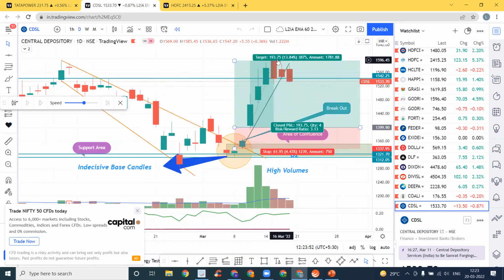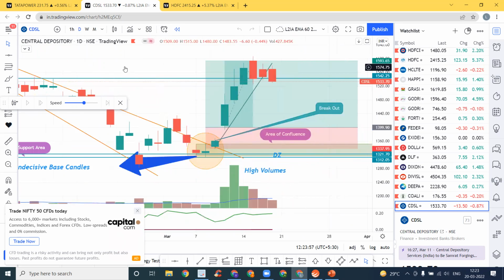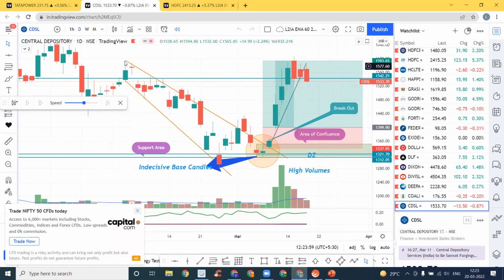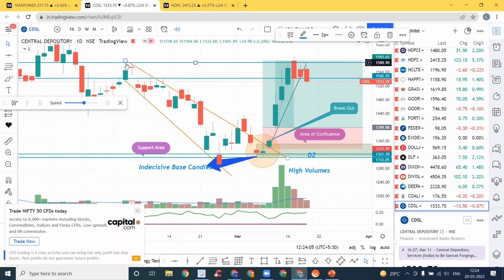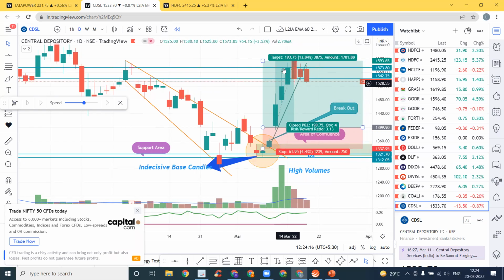As soon as I exited, next day the candle came down. Why did I exit at this level? Because my target is here. My opposing level was here. As a trader, I should exit a little below the opposing level. So what I do, I put my order here and I exit over here.